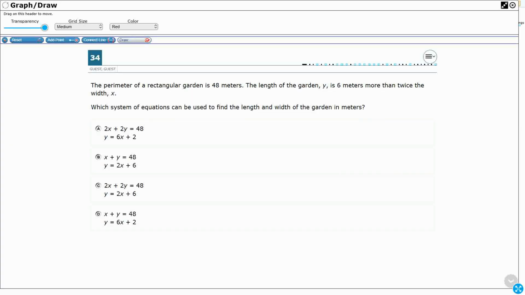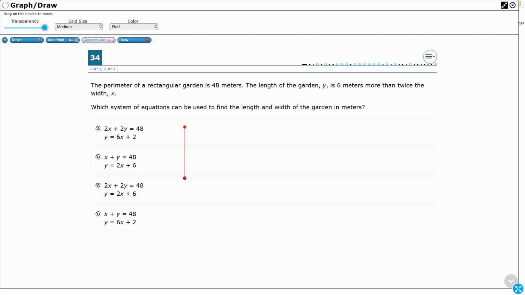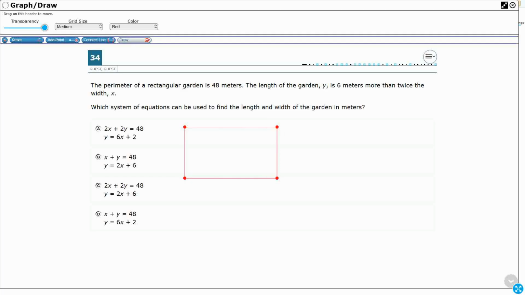All right, so we've got a perimeter of a rectangular garden at 48 meters, and the length is 6 meters more than twice the width of y. Let's just draw something that we can visually wrap our minds around here. We've got our length, y, is 6 meters more than twice the width of x.